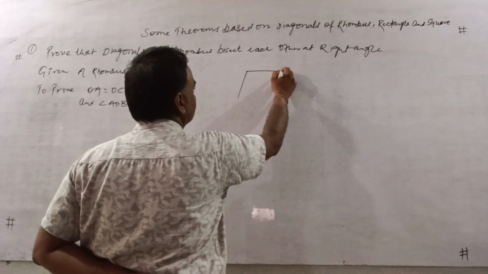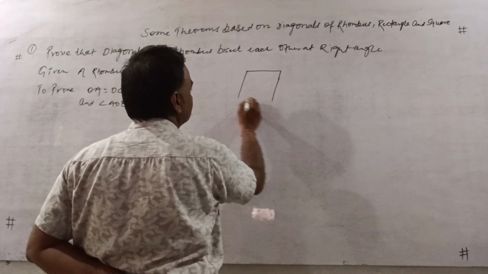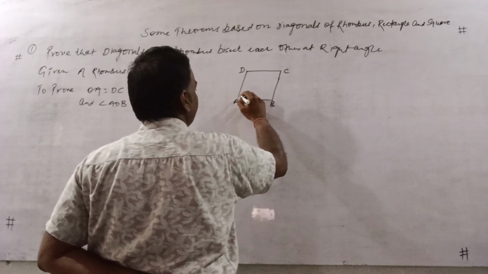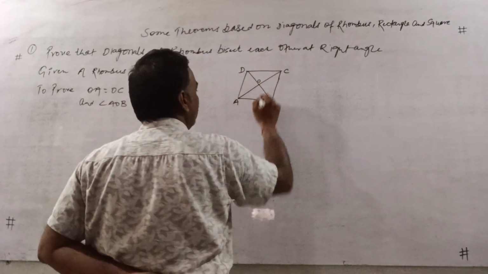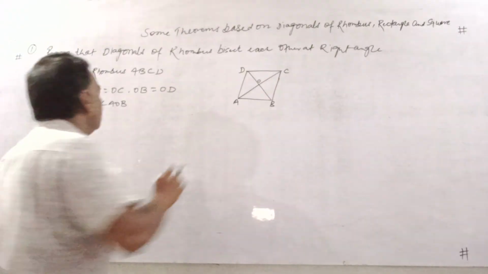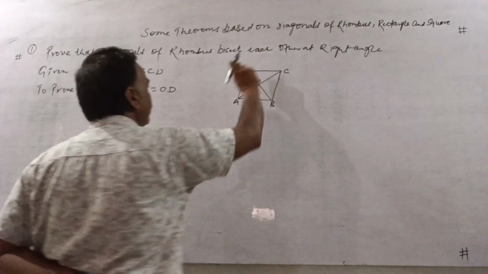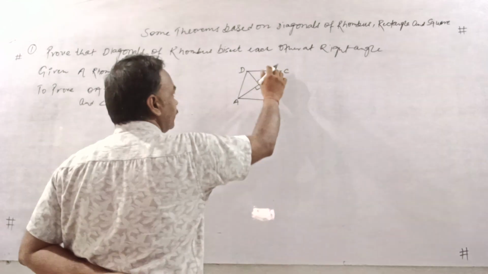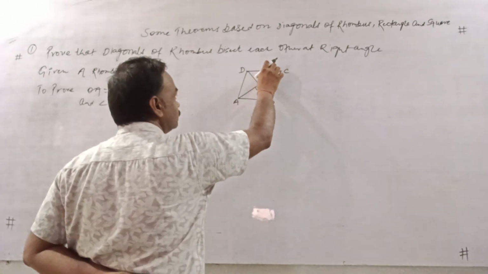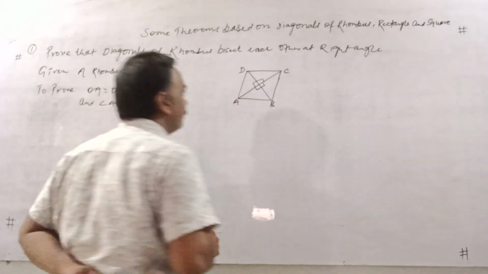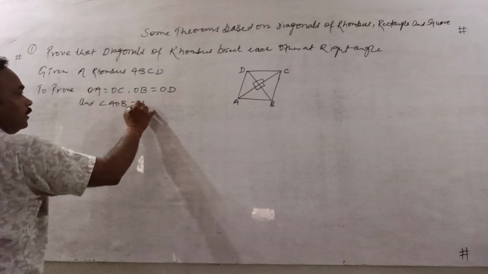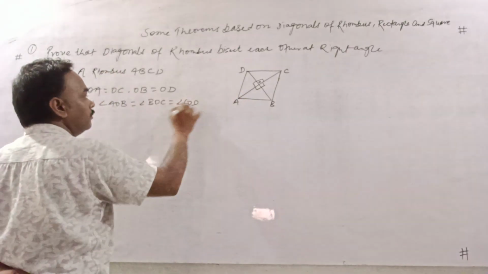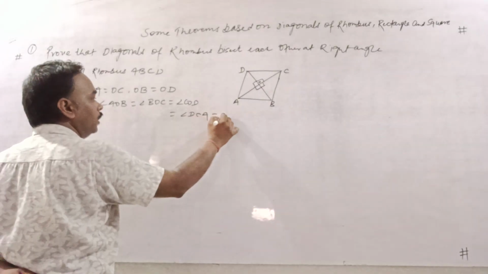See the figure. ABCD is your rhombus, and the diagonals are AC and BD, which intersect at O. So we have to prove OA is equal to OC and OB is equal to OD, and angle AOB is equal to angle BOC is equal to angle COD is equal to angle DOA is equal to 90 degrees.